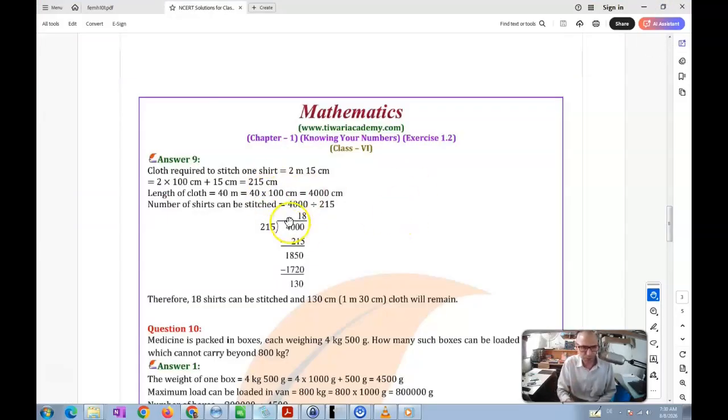Essentially here what you need to do is make sure that you understand the solution, and at least this operation over here you need to do once on your own.